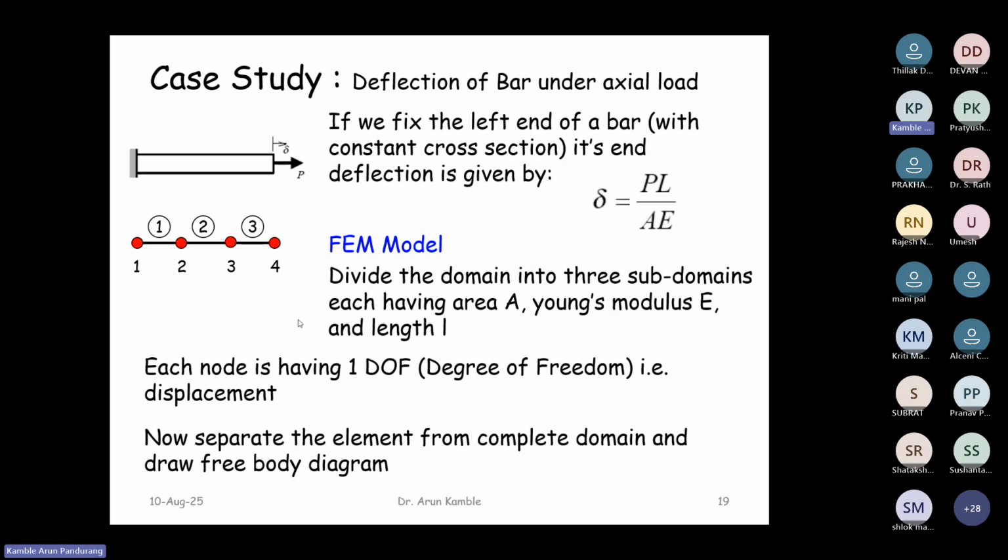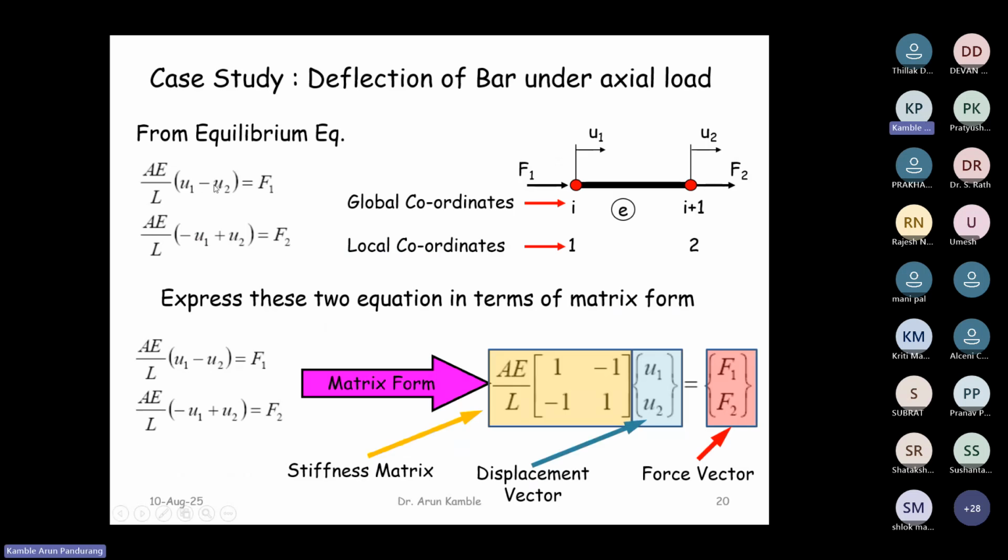Now separate the element from the complete domain and draw the free body diagram. By using Newton's law, summation F is equal to 0, we can find the equations corresponding to node number 1 and node number 2. F1 is the force at node 1 and F2 is the force at node 2. U1 is the displacement at node 1 and U2 is the displacement at node 2.